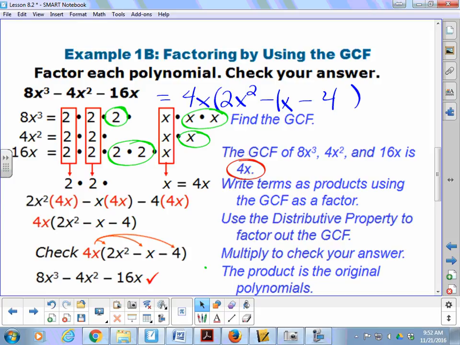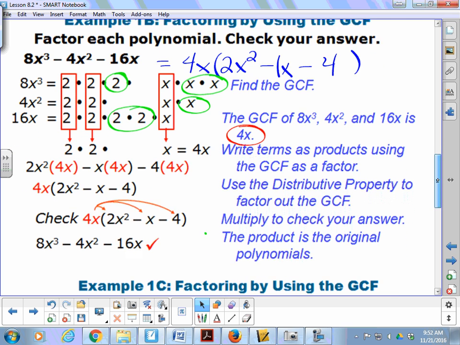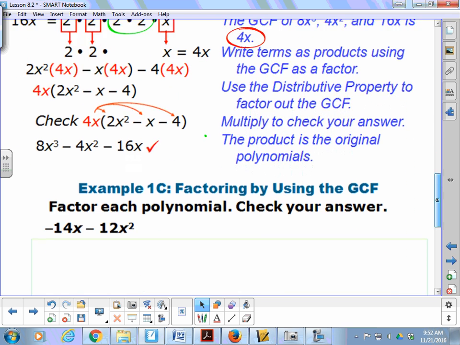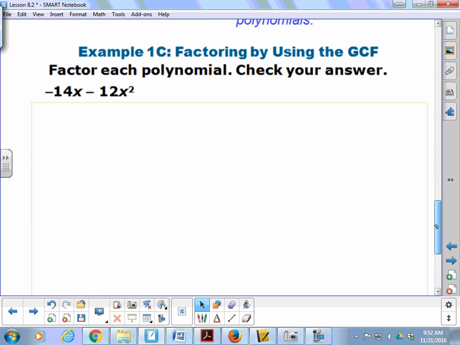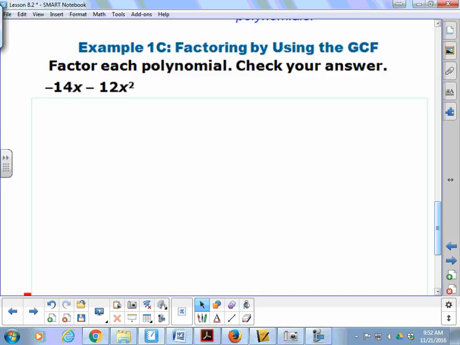Okay, let's look at one more. Negative 14x minus 12x squared. Now both of these have a negative.